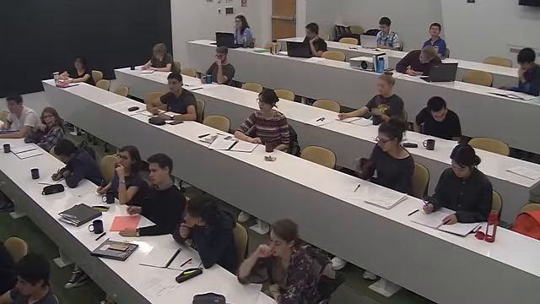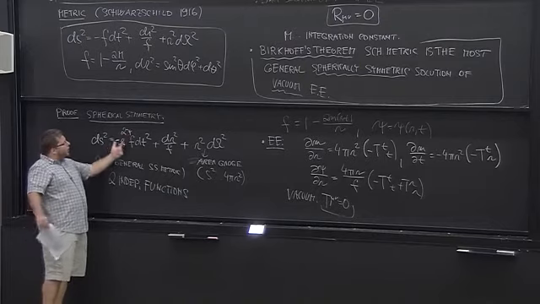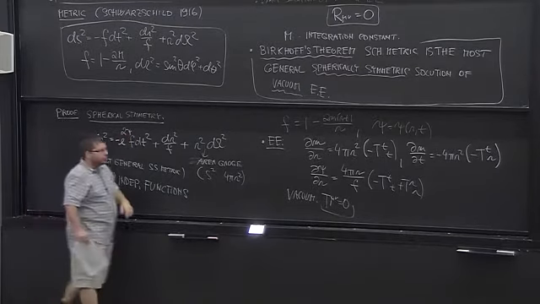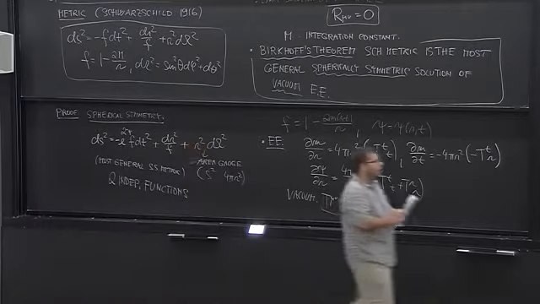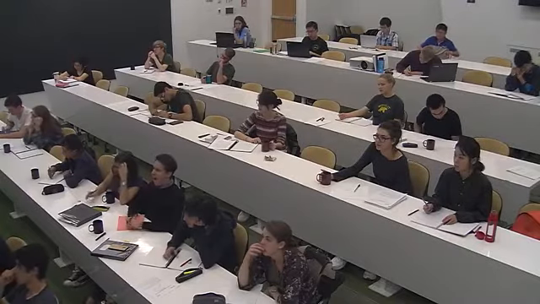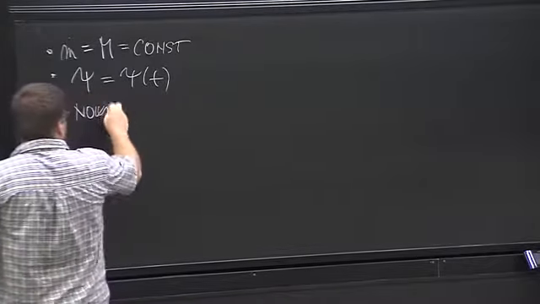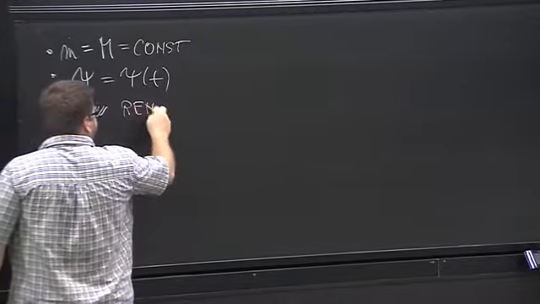So now we found f is simply 1 minus 2M over r, where M is a constant. And then we still have this e to 2 psi, where psi can still depend on t. So now what you can do is go and rename what time is.